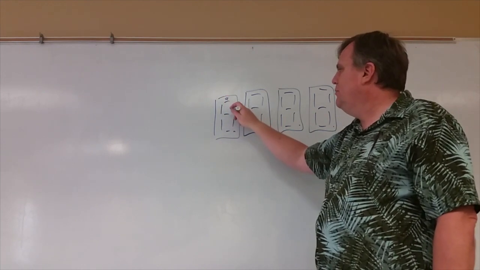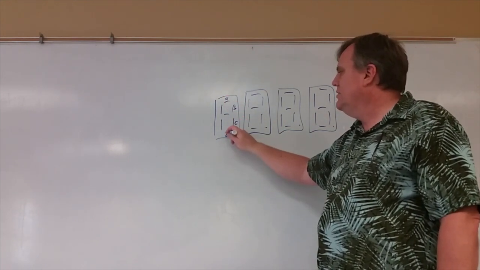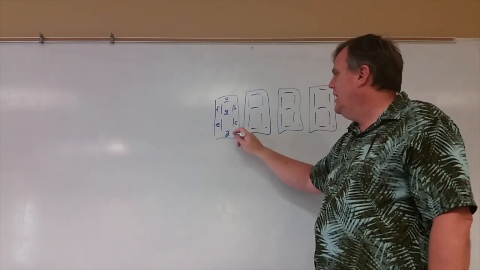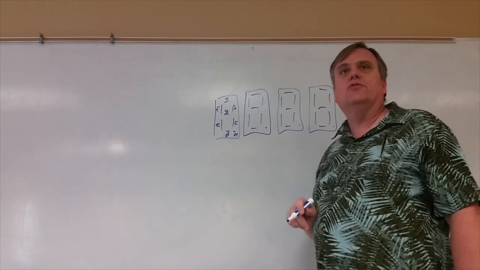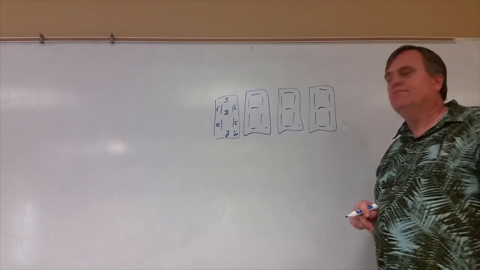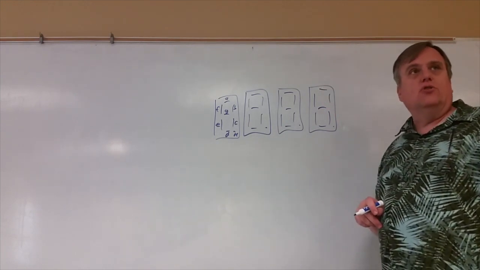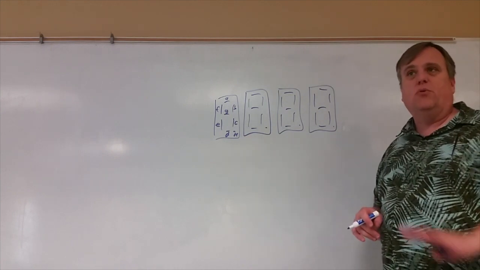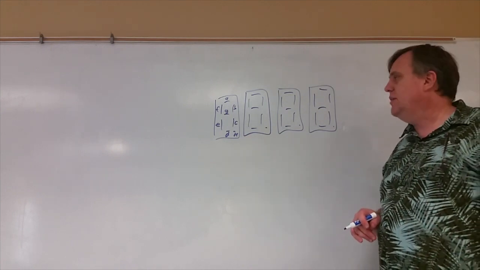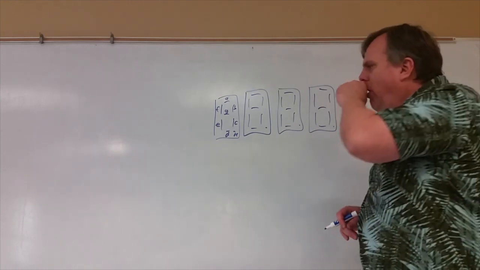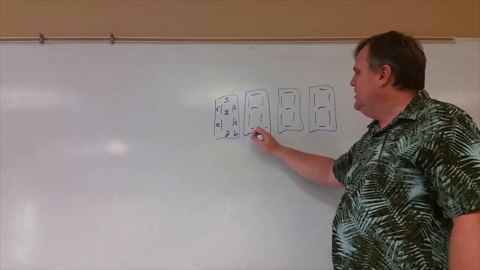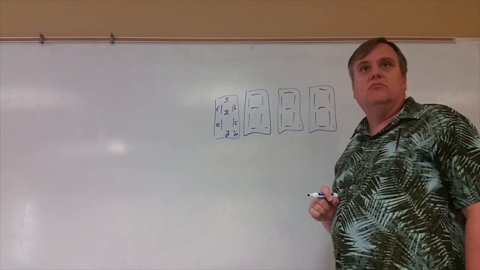A, B, C, D, E, F, G, and DP, decimal point. Right? Those are the 8 ones you're going to use. Of those, we're not going to use decimal points, so don't worry about it. Right? So, every single one of my D's are all hooked together.